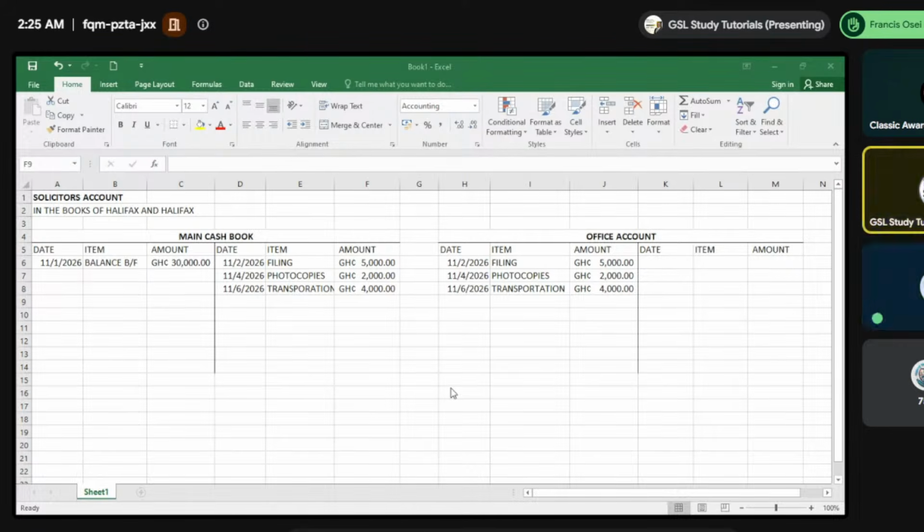Okay, so I've handled the rules, I've handled section 48. We have handled the books to be kept, 1, 2, 3, 4, 5, 6. In the manual, they labeled 6. Debit to the main cash book. So I'm just reading something from the manual.